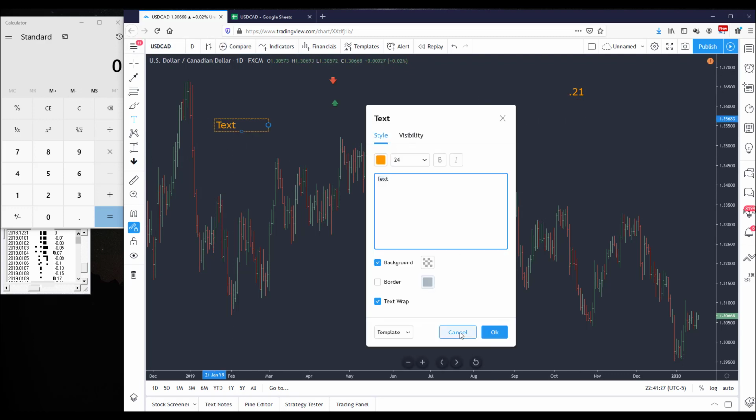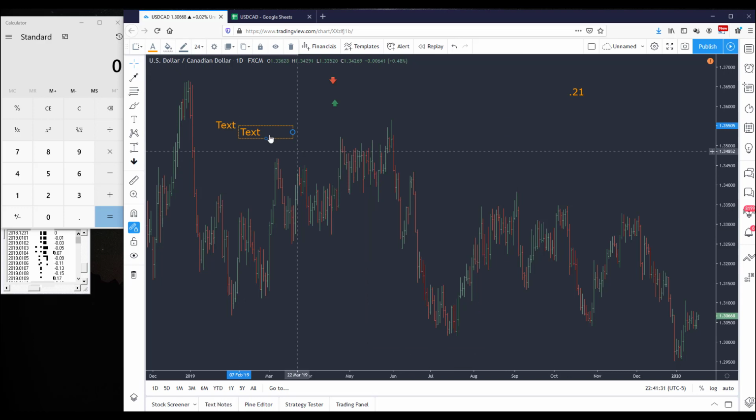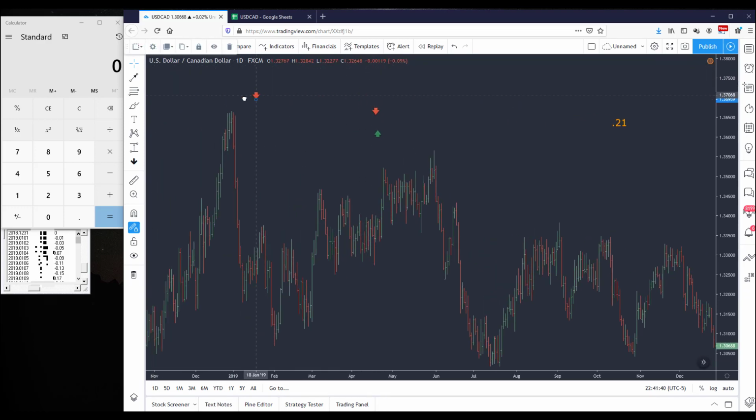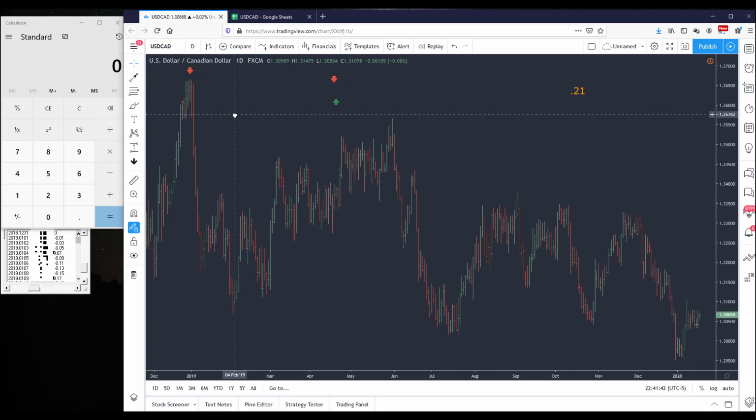We are starting at the very high here, and that is the 31st of December, and that's where I have my calculator set to begin.